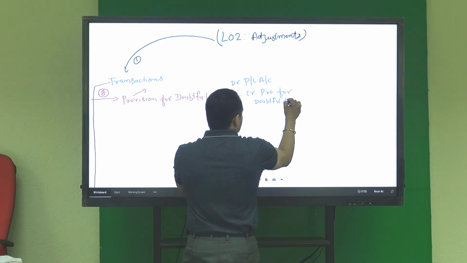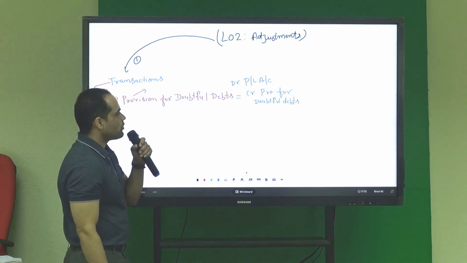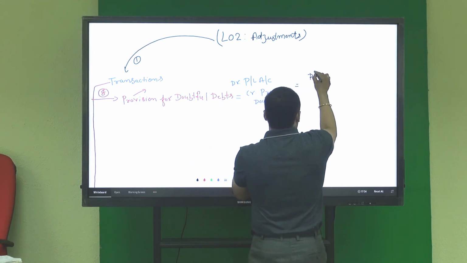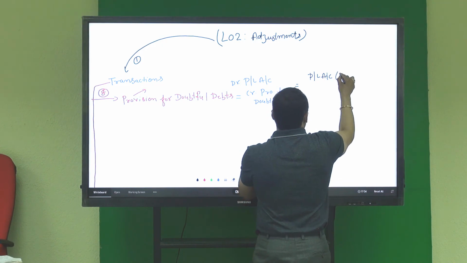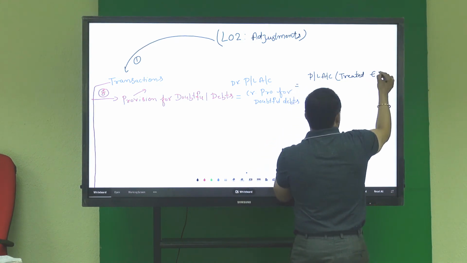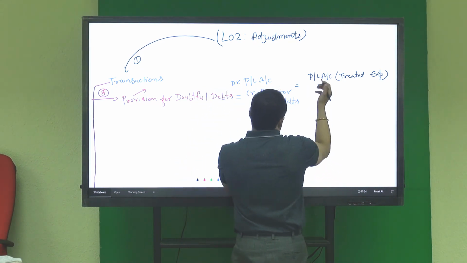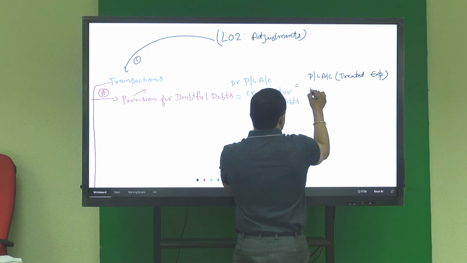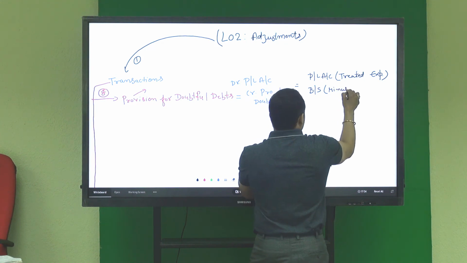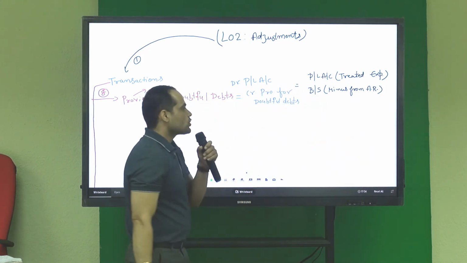The treatment in our profit and loss account is that it will be treated as an expense, and in our balance sheet, we subtract it from accounts receivable.